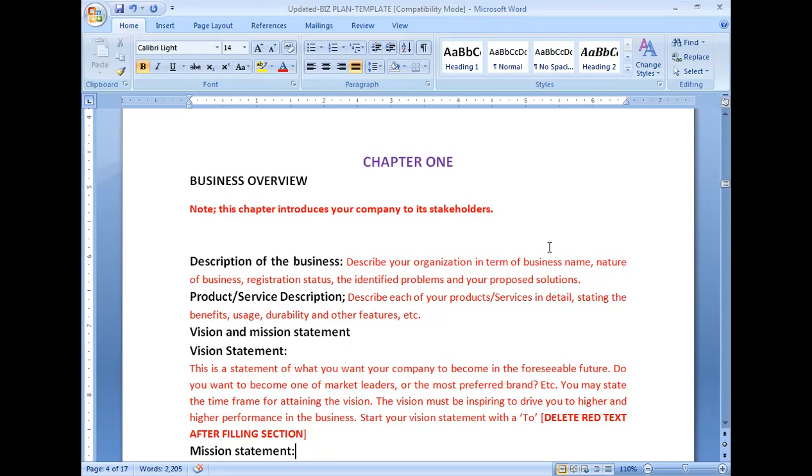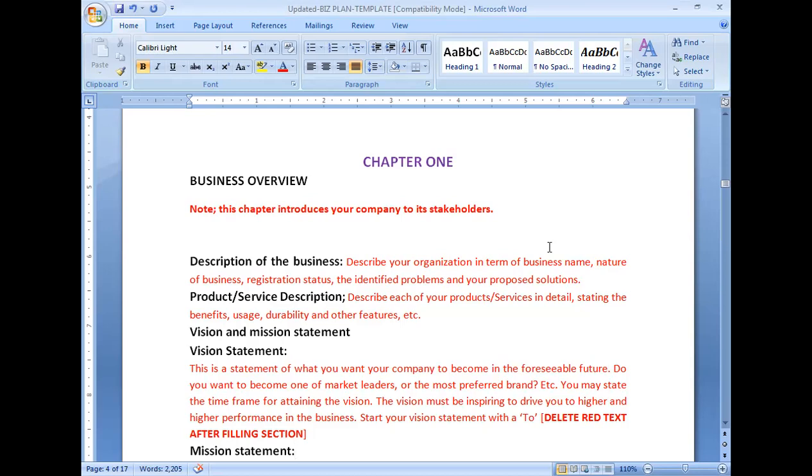Then the product description. This is your solution. So you have to describe your product, each of your products if you are into production. For example, someone who is into mobile phone sales or computer sales has to list the laptops that they are selling, the model, the unit price, and the other features that customers stand to benefit from.